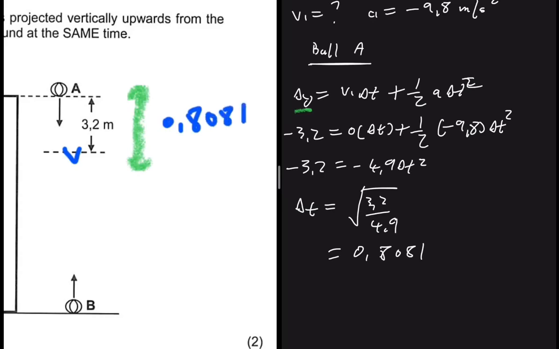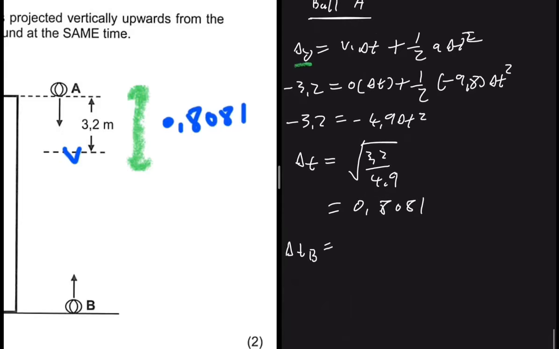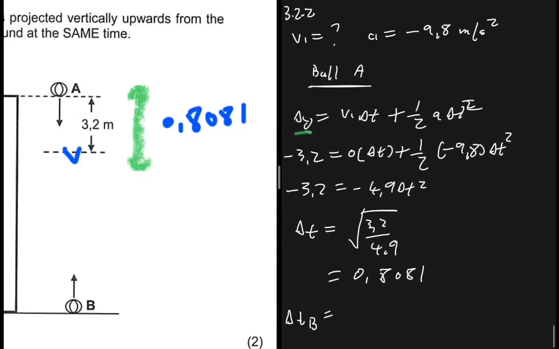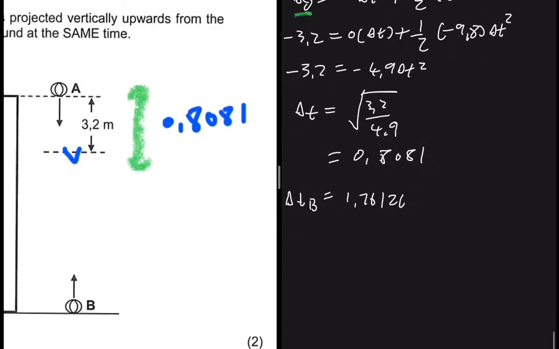So to find the time for the entire motion of ball B, we can say that the time for ball B is equal to the total time for ball A, which is 1.76126 minus 0.8081. Let me just put that in my calculator real quick so that I can see what I get. I'm getting 0.95316 seconds. Right, so that is the total time for ball B.